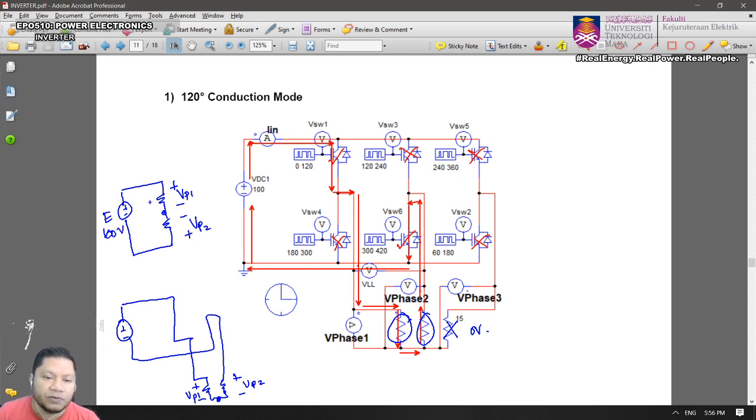Therefore, we have a balanced load, so both will have a similar R ohm, and therefore the voltage across each will be half of E. So V phase 1 will be equal to half of E, however V phase 2 will be equal to negative half of E, because it's opposite polarity. So only V phase 1 and phase 2 will have a voltage across them.